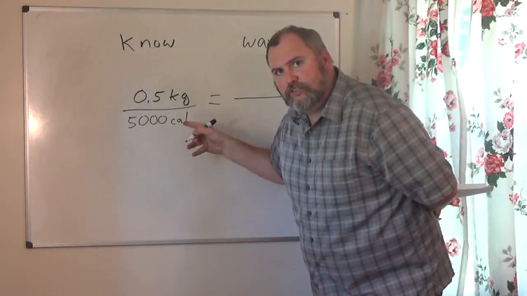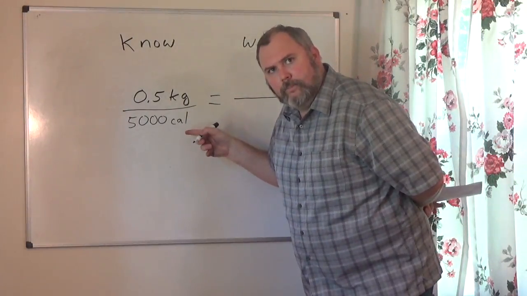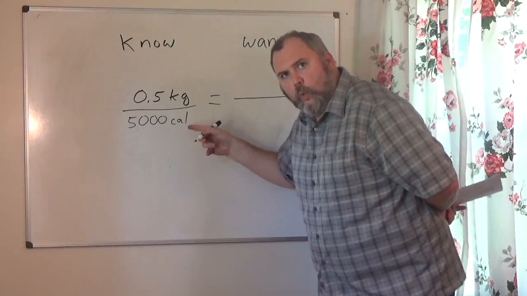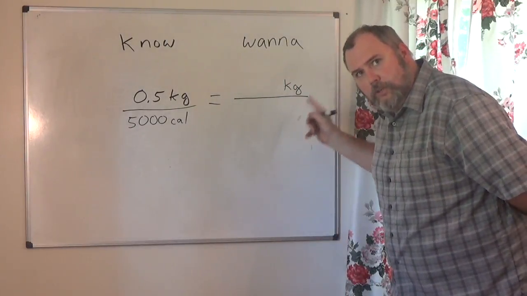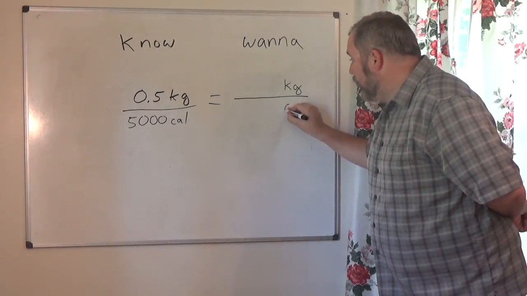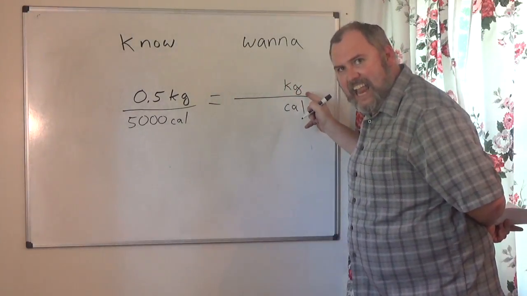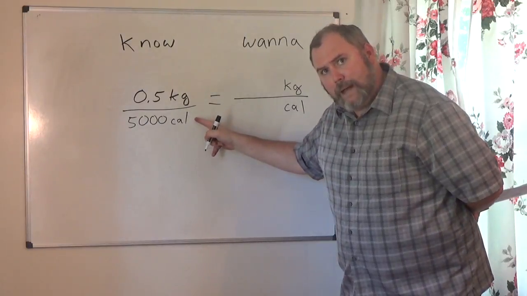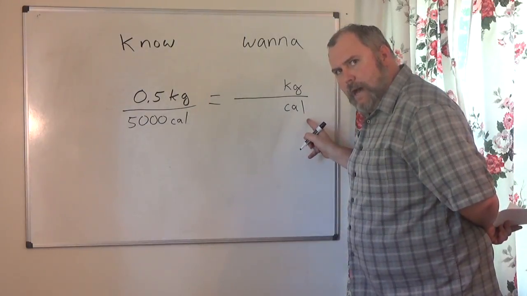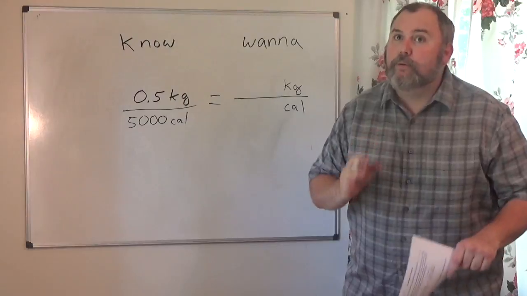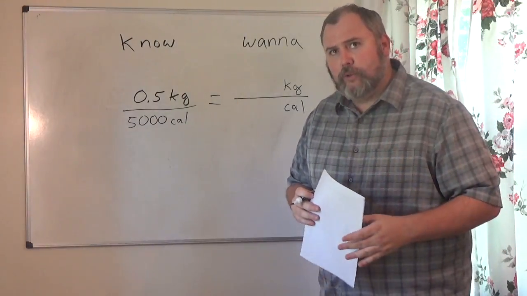On my know side, what's on bottom is calories, so what has to be on bottom on the want-to-know side also has to be calories. That's how proportions work.